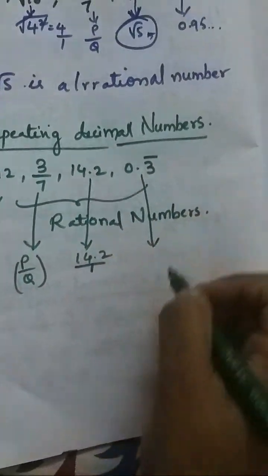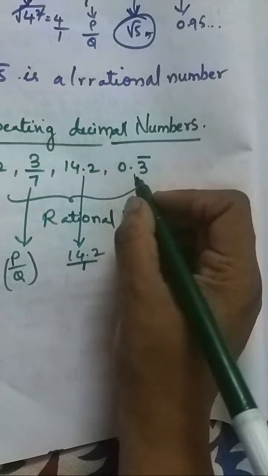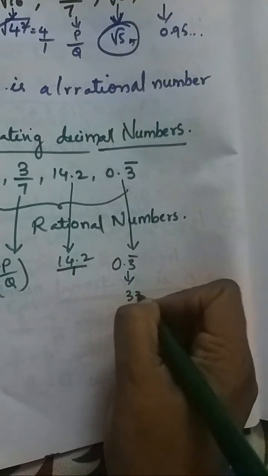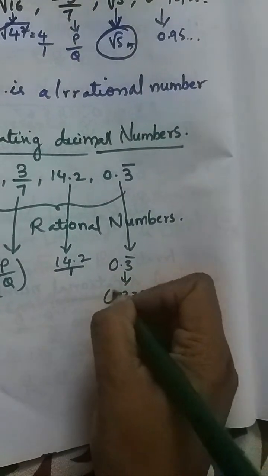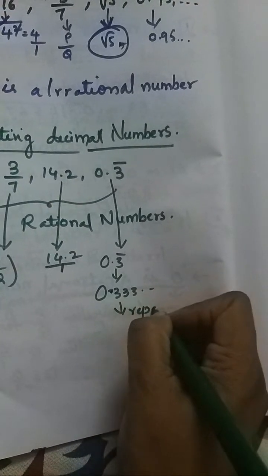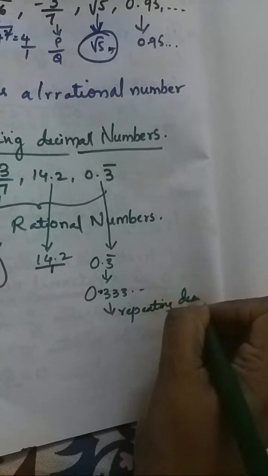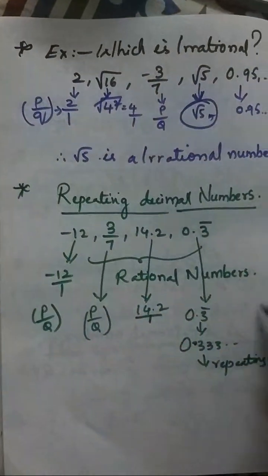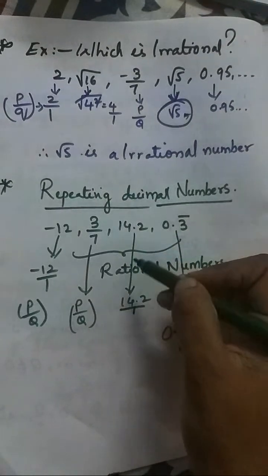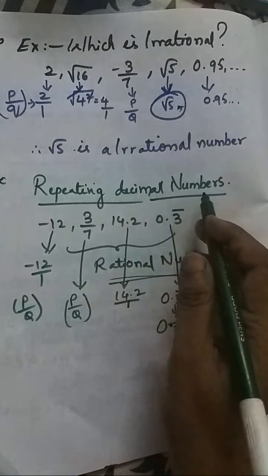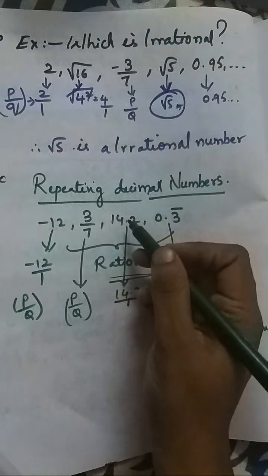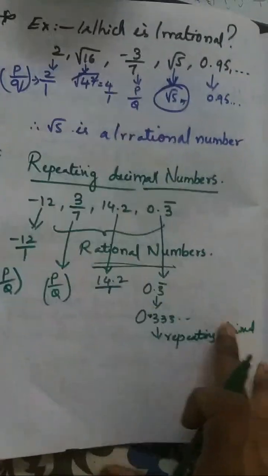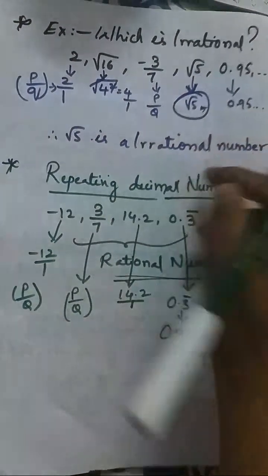So 0.3 bar, the reason for this is 0.333, and so on. This is a repeating decimal number, so this is a rational number. So these are all rational numbers. Okay. Repeated decimal numbers, 14.2 can also be written in p by q form. These are all examples and differences between rational and irrational.